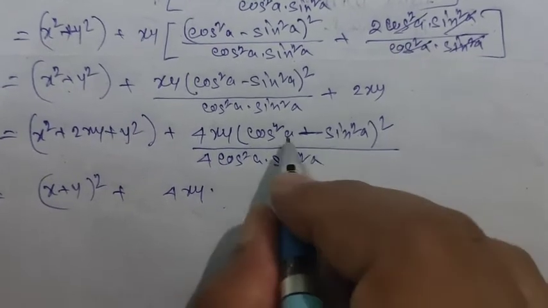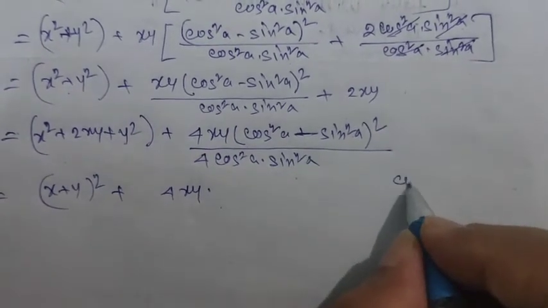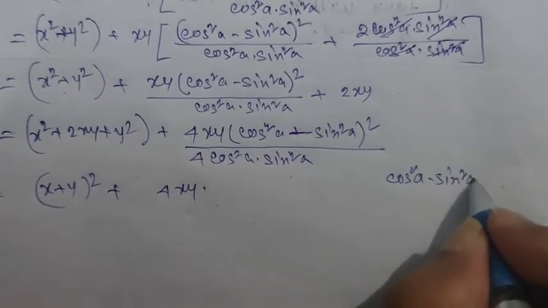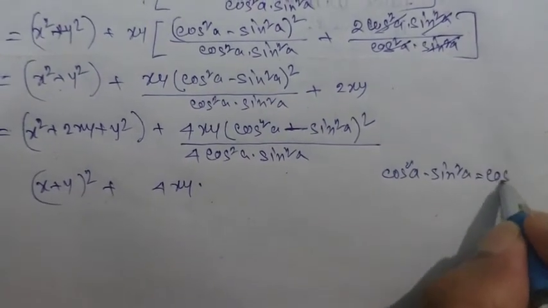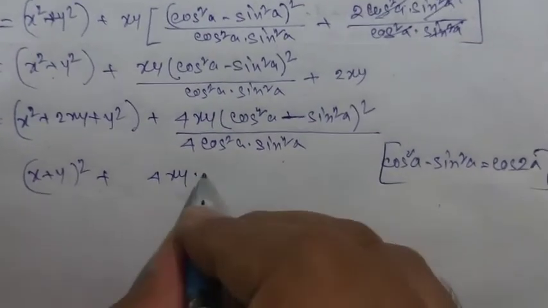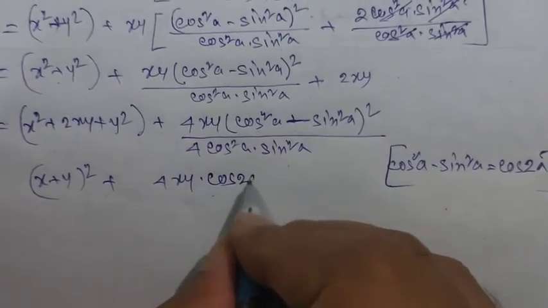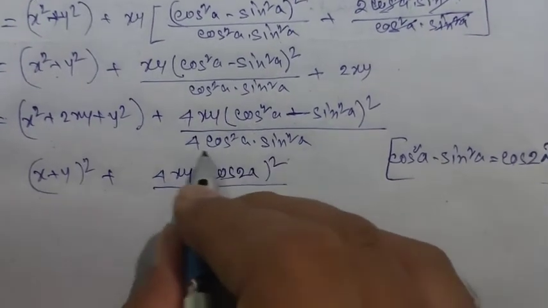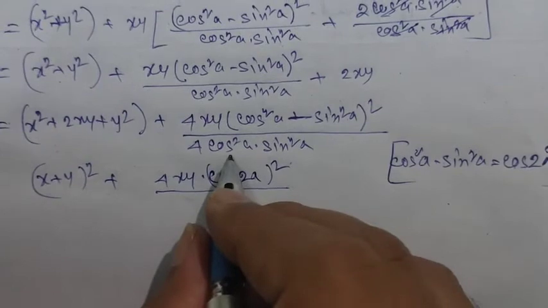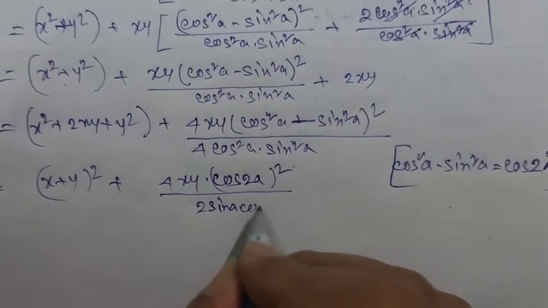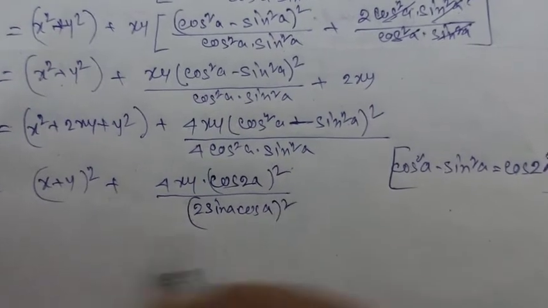We know cos² a − sin² a equals cos 2a. This is the formula of cos 2a. So here I am putting cos² 2a. Similarly here we can write that is (2 sin a cos a)².